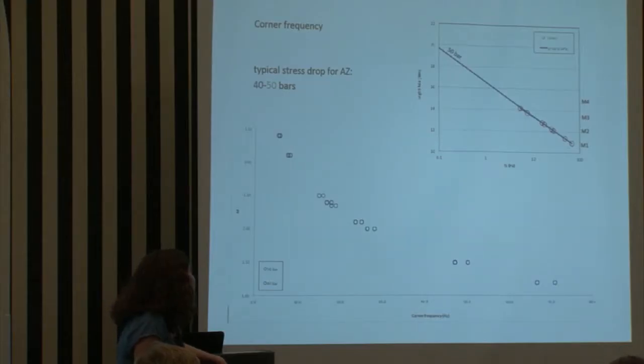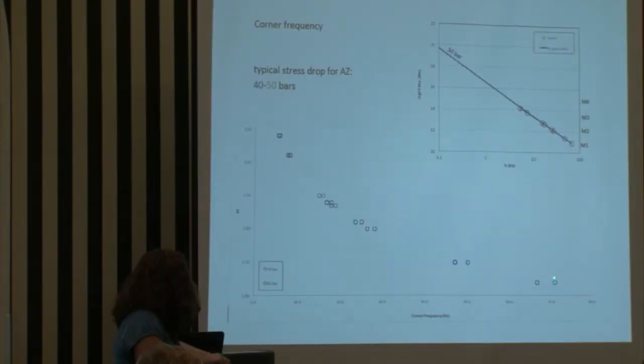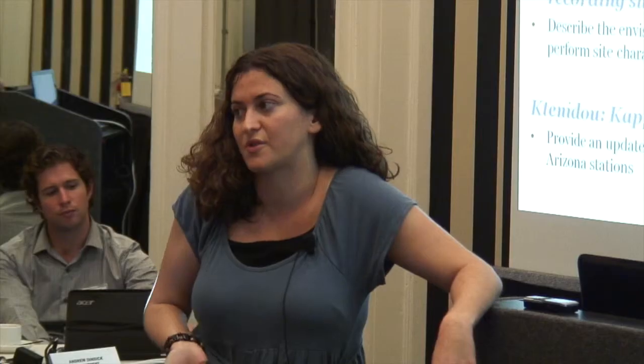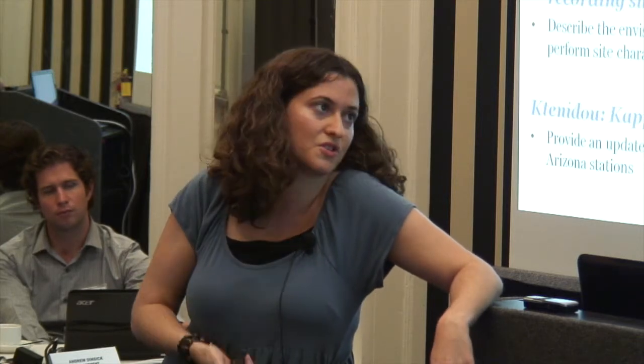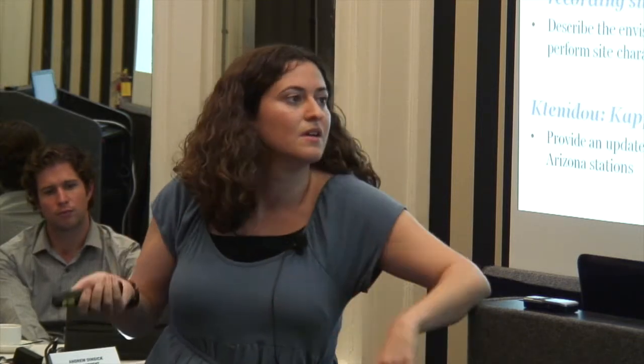So I started with a typical stress value for Arizona, which was suggested to me, around 40 to 50 bars. So this is an idea of the corner frequencies you get. This is 70 here, so pretty high for the small events. We're interested because based on the corner frequency, we'll have to decide on the method as I showed before, so work above it or work beneath it.